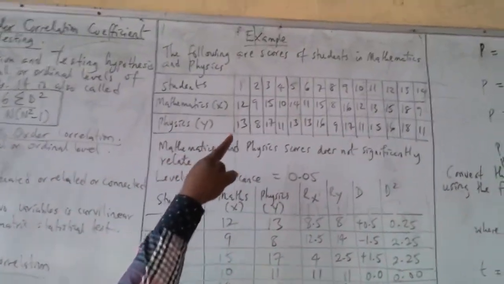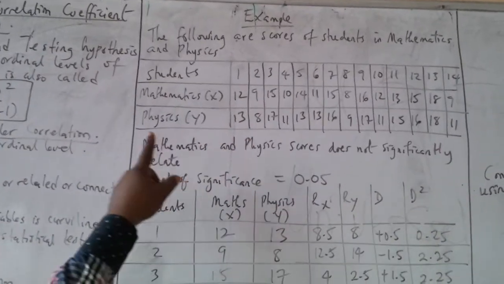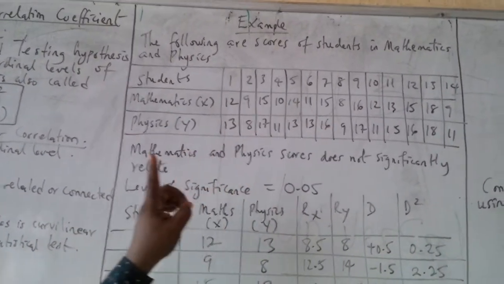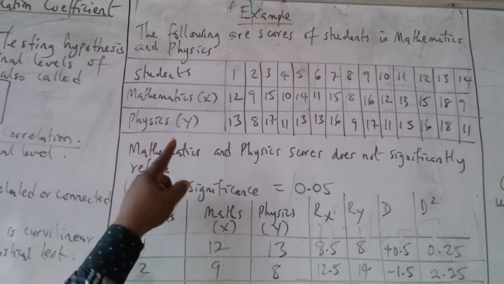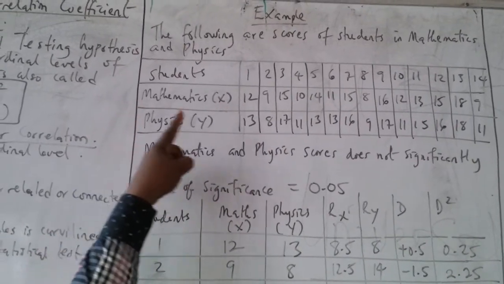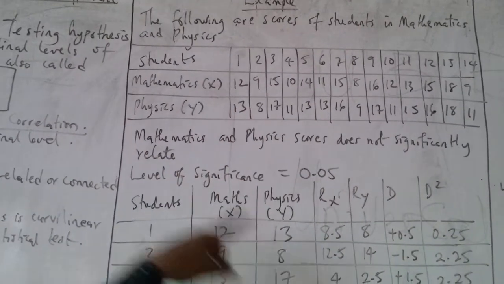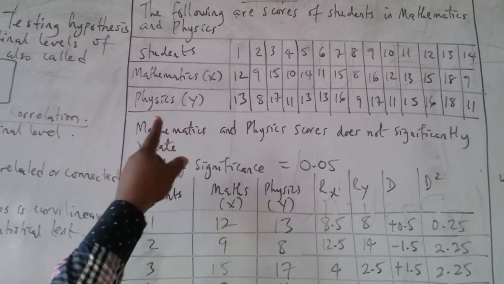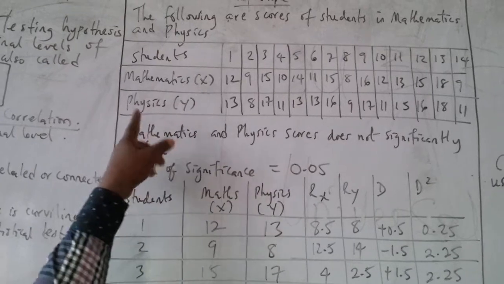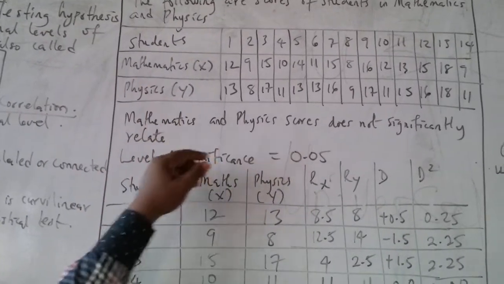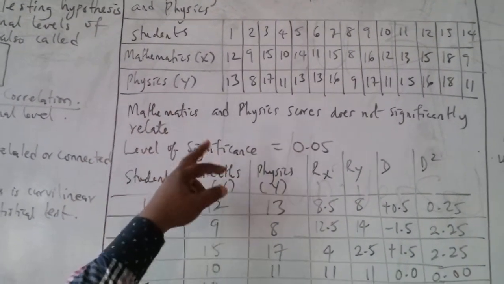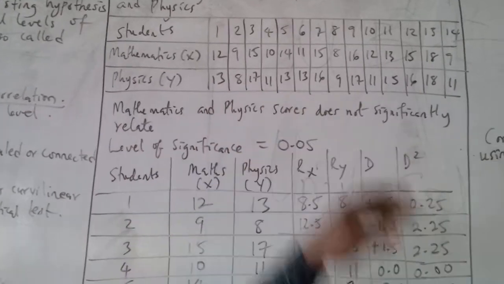There's an example here. The following are scores of students in mathematics and physics. And then you have students that have those scores. Students 1, 2, 3, 4 to 14. And then their scores in mathematics. In this example, mathematics score is X, while physics score is Y. And you can see the scores here.